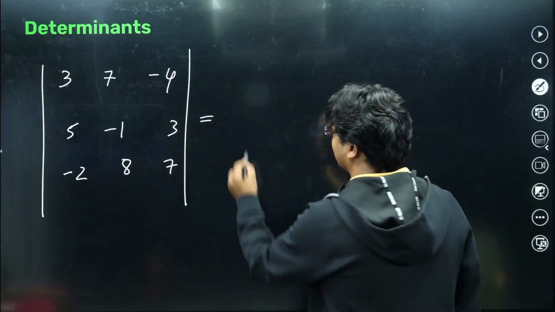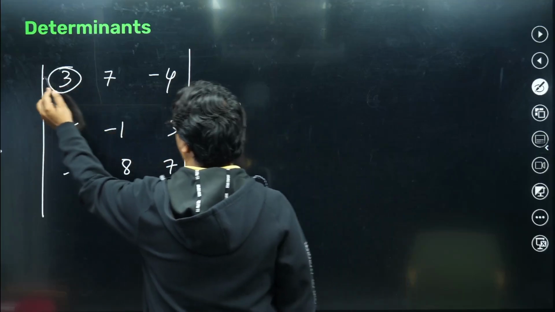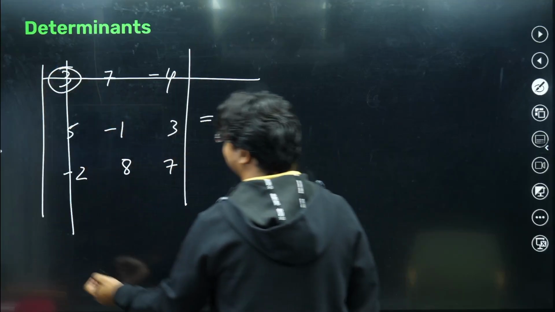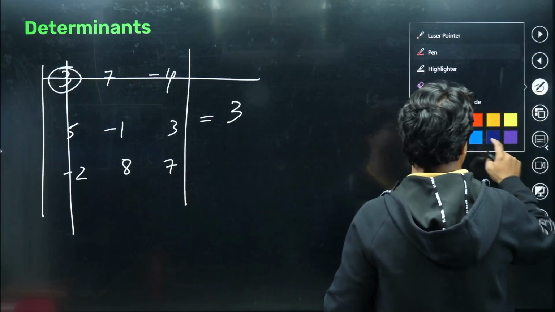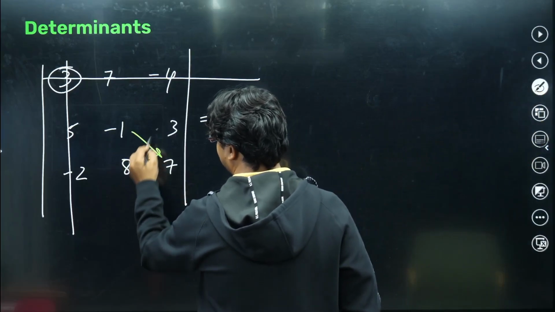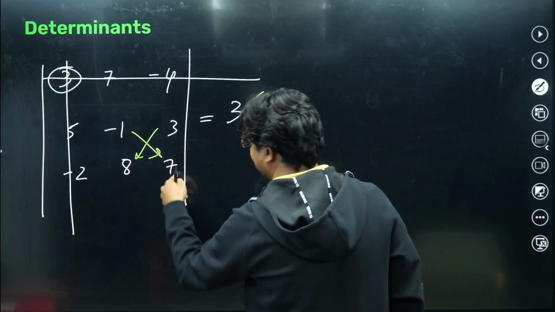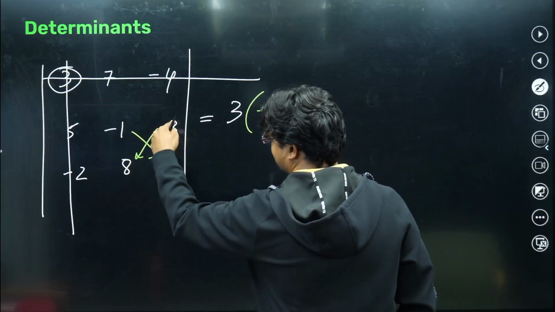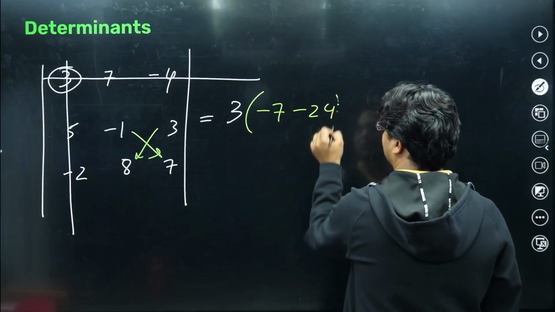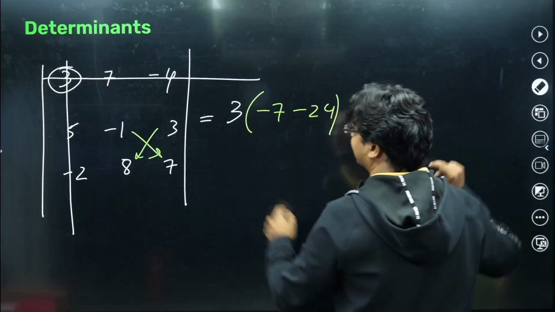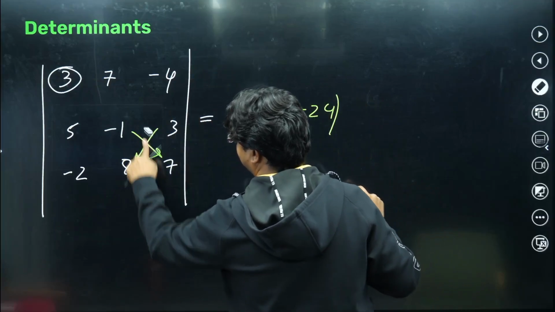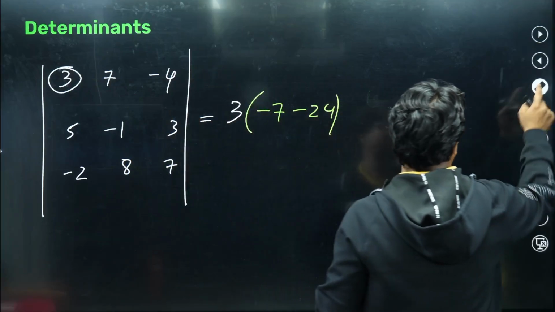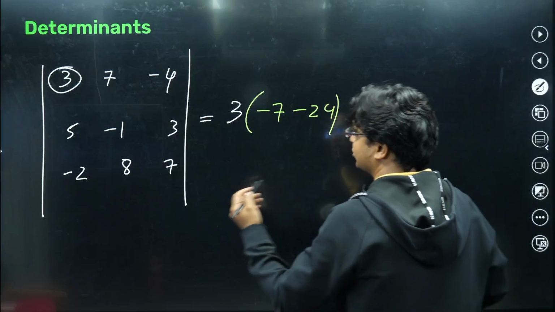Watch me. The first number, I will exclude this row, I will exclude this column. Then let me change the color of the pen. Then I will do this minus this. So it would be minus 7, the product of these two, minus 24. Then I'm done with this. Now the second number has to be written with a change of sign.